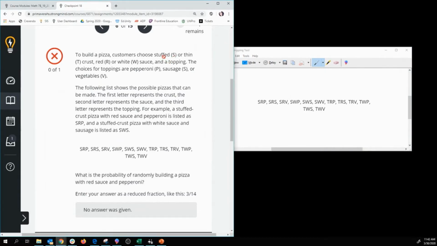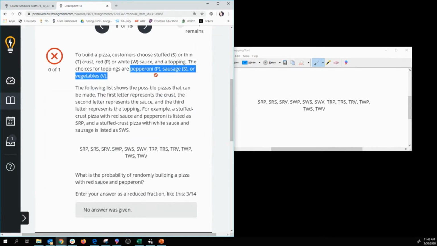That could either be stuffed crust with an S or thin crust with a T, and that's it. So I only have two options for my crust, stuffed or thin. The middle letter represents the type of sauce, either red sauce for R or white sauce for W. And the very last letter represents my topping. That can either be P for pepperoni, S for sausage, or V for vegetables.